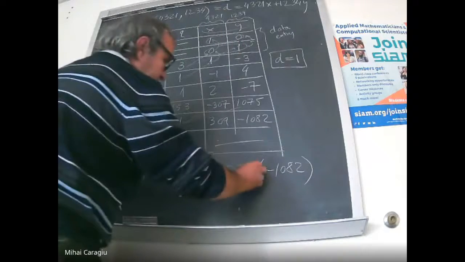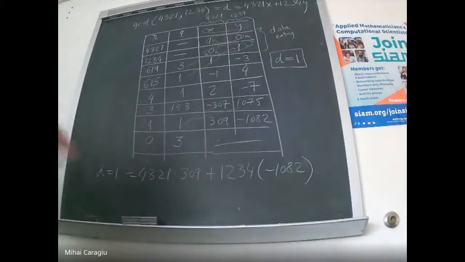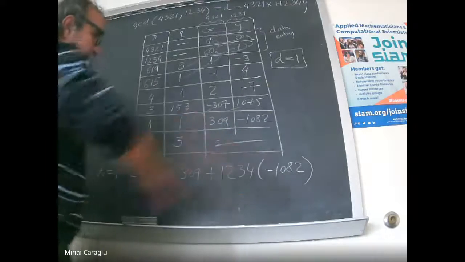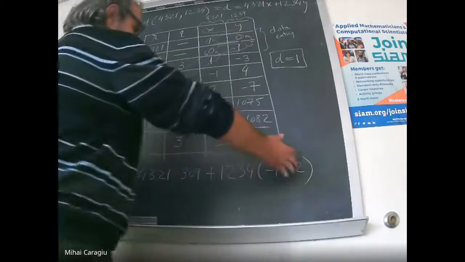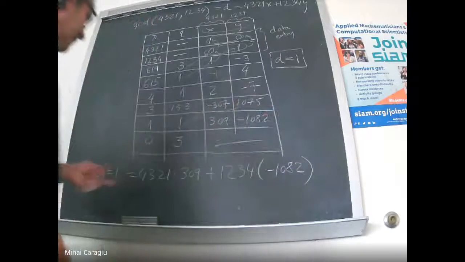It would be nice if you double check and verify this identity, and that the result of this apparently messy calculation is exactly the GCD.